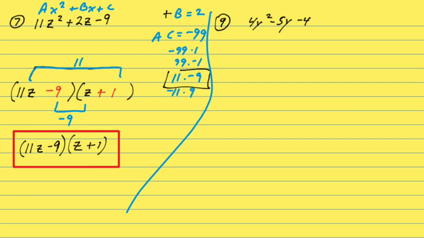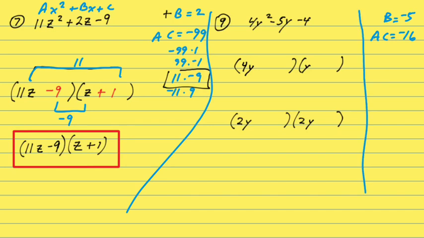Okay, 4y squared. 4y squared might be 4y times y, or it might be 2y times 2y. What is a times c on this one? Negative 16, and b is negative 5. So I list all my factors of negative 16.